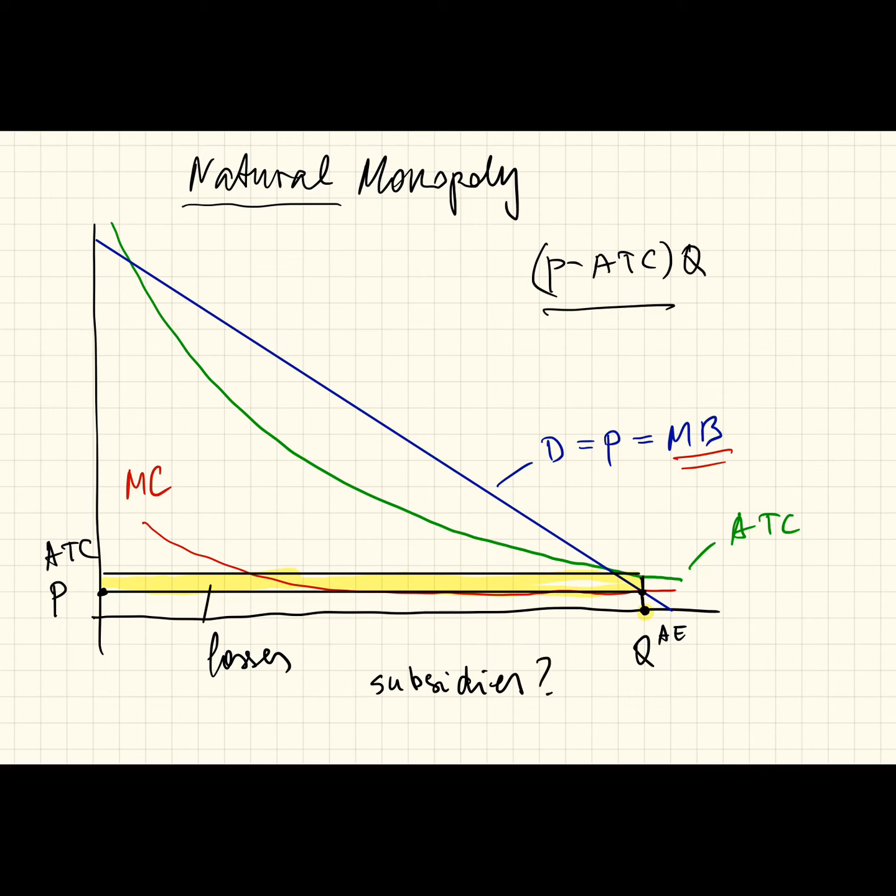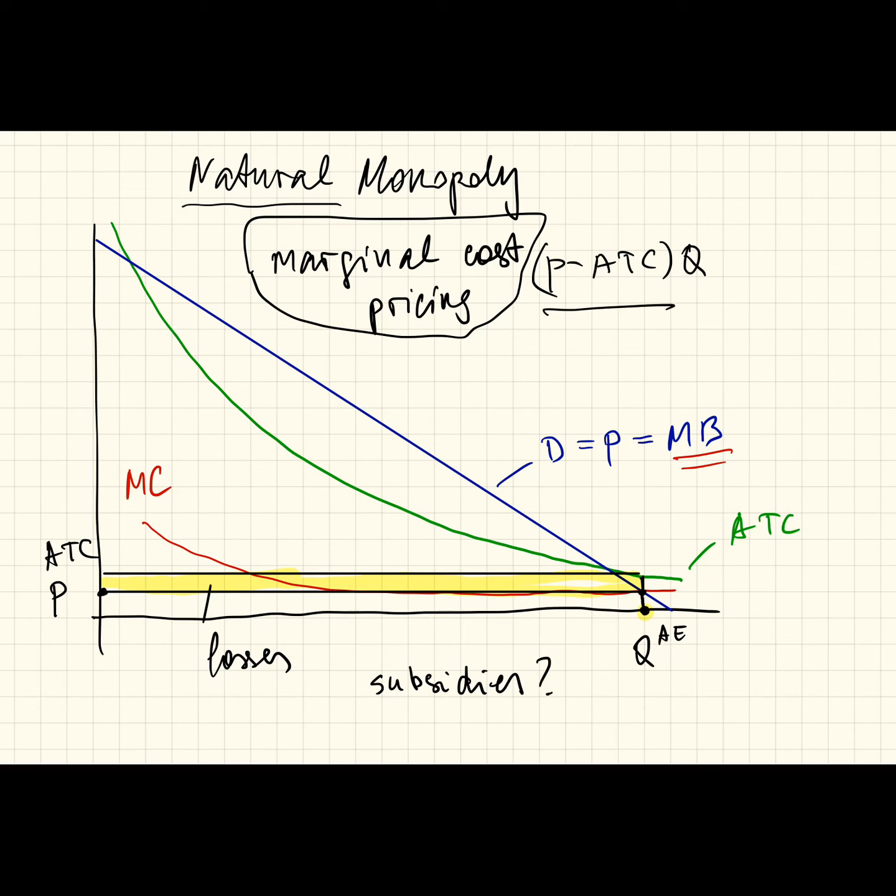And by the way, what I just described, it's called marginal pricing. Actually, marginal cost pricing, right? Because that's how we pick the point, the level of output.